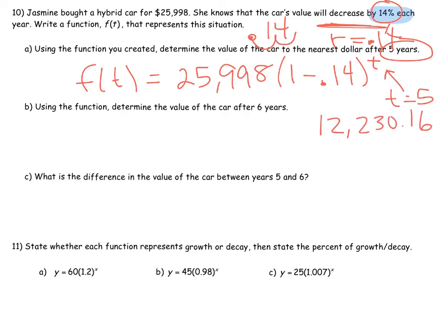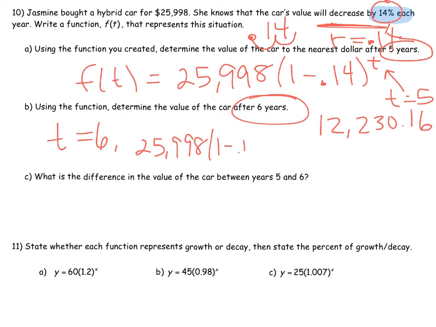$12,230.16. And it says again for part B, using the function determine the value of the car after 6 years. So now I'm going to plug in t to be 6. So I have 25,998 times 1 minus 0.14 to the 6th. And I end up getting $10,517.94.